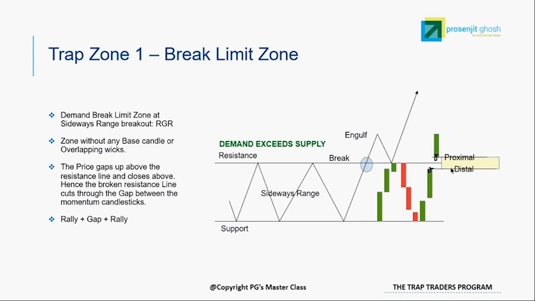You will definitely have a zone. Keep your proximal a little above, and if the lower part of the base candle is a little lower than your distal line, then keep your stop loss below that.